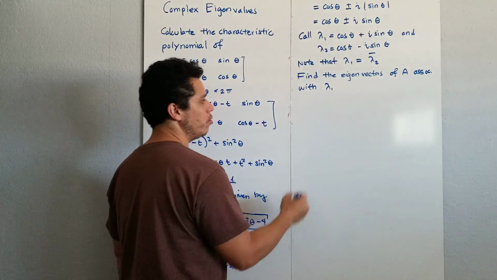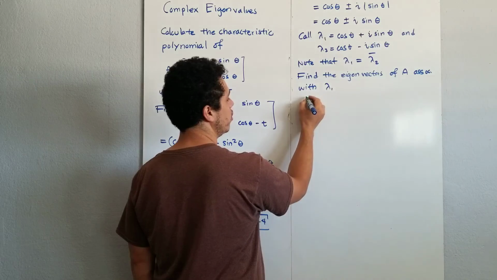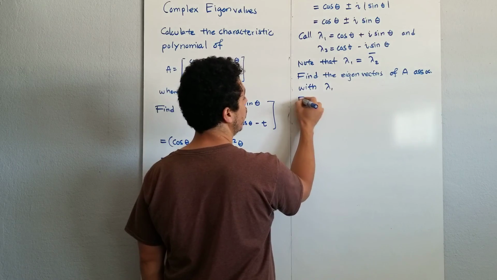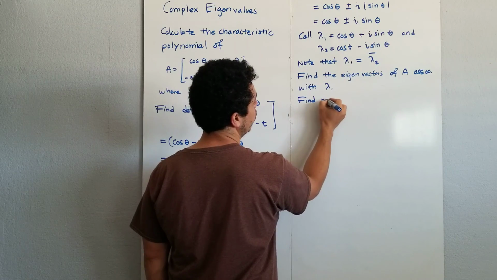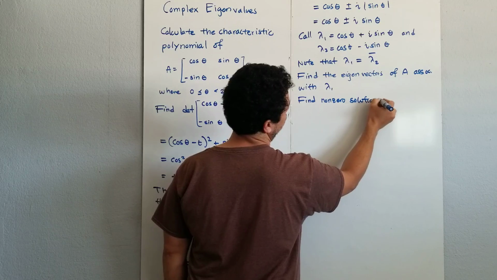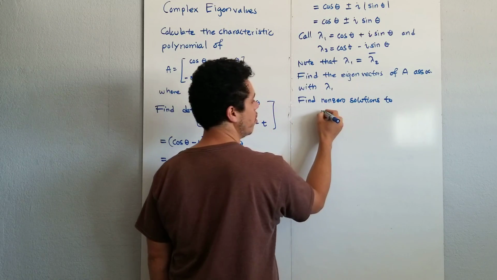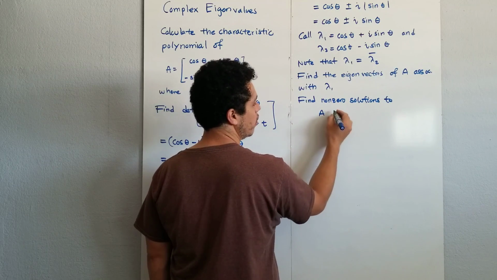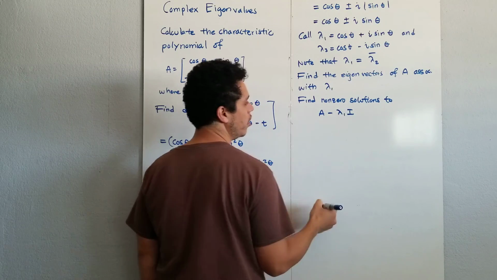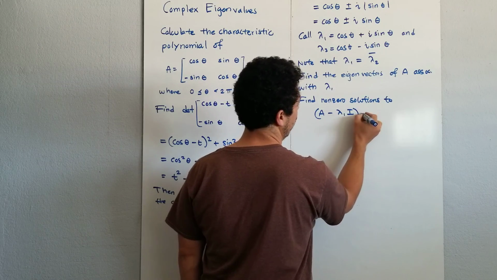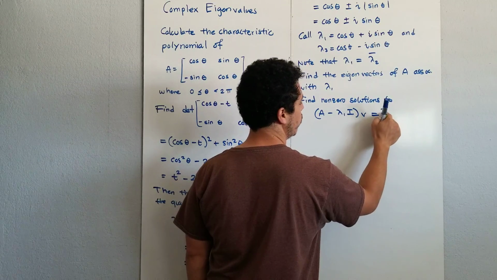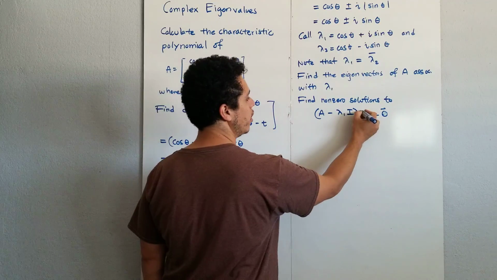So in this case, I want to find solutions to the following equation. So let's find non-zero solutions to A minus lambda 1 I times v equal to 0, the zero vector, right?